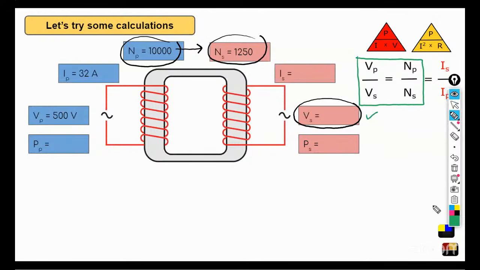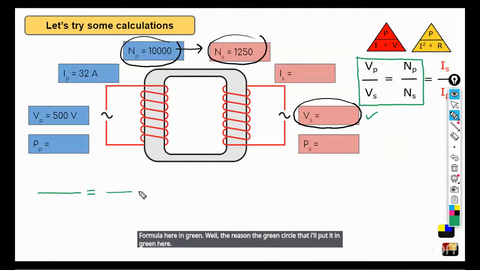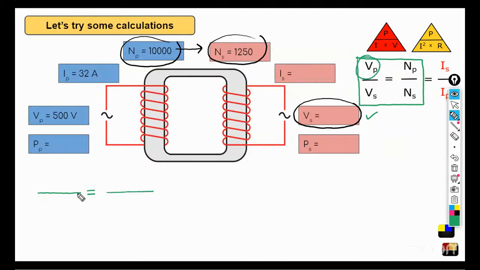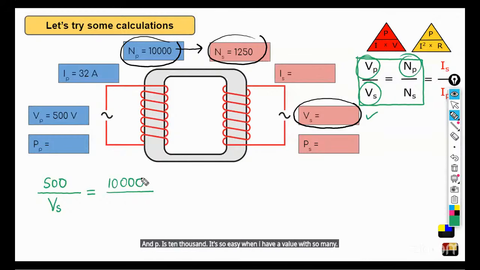All right, so we're using this formula here in green. I'll put it in green here. VP is 500. VS, we don't know. NP is 10,000. It's so easy when you have a value with so many zeros to forget a zero.